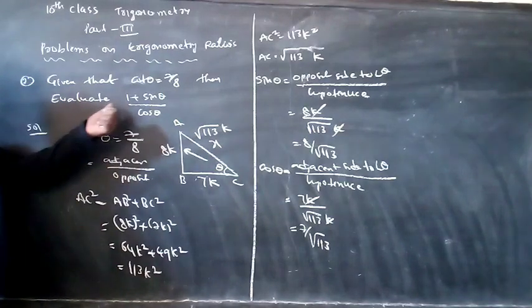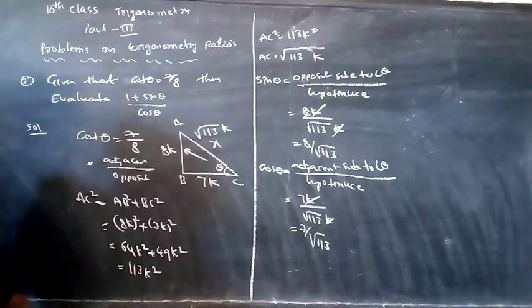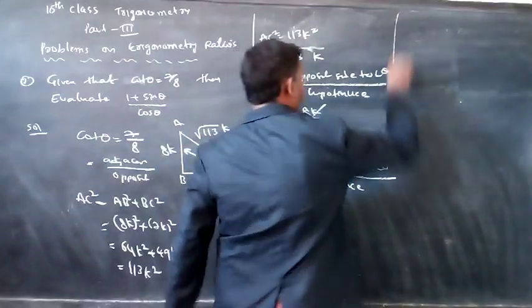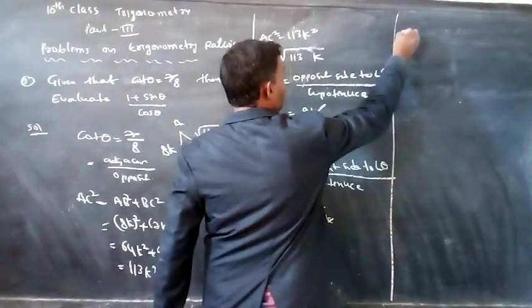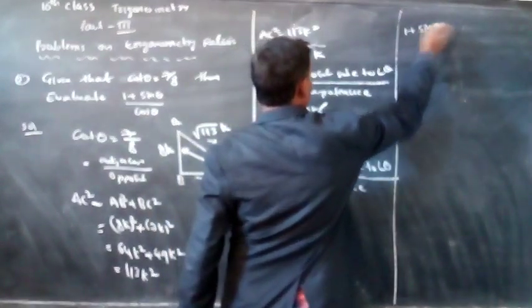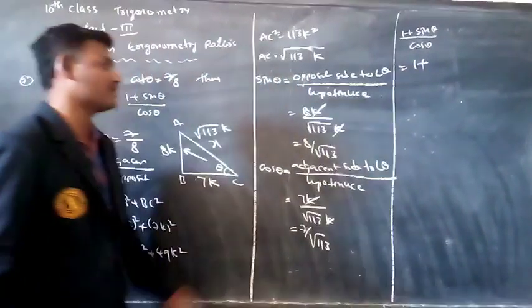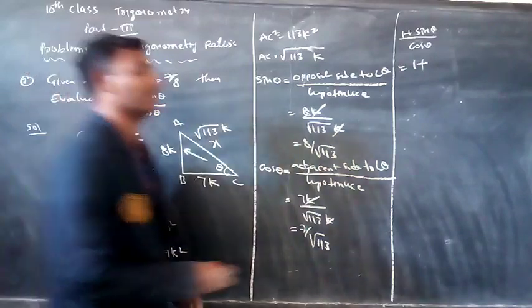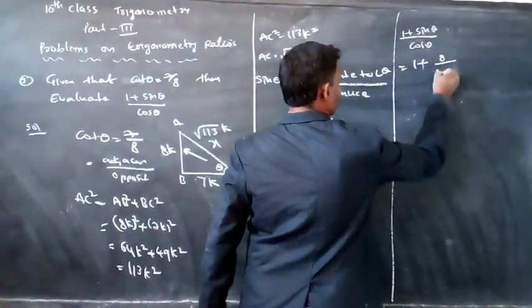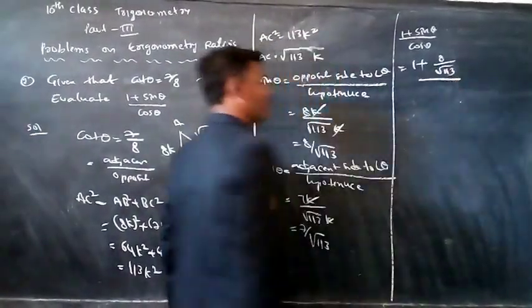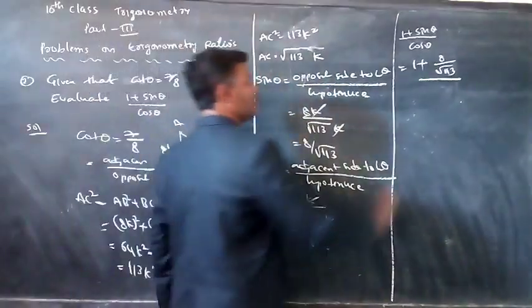Now what do I need? I need the value of (1 plus sin theta) by cos theta. 1 plus, what is the value of sin theta? 8 by root 113. And what about cos theta? 7 by root 113.